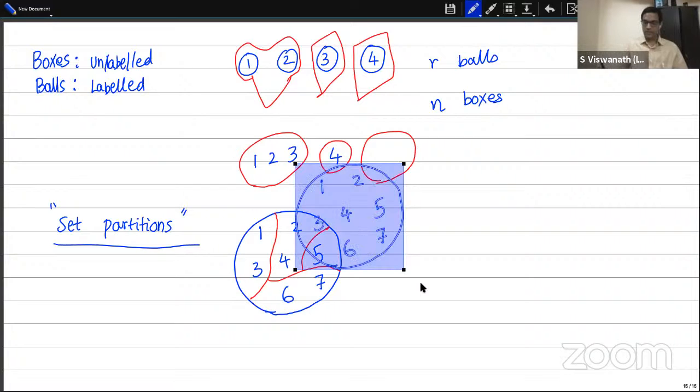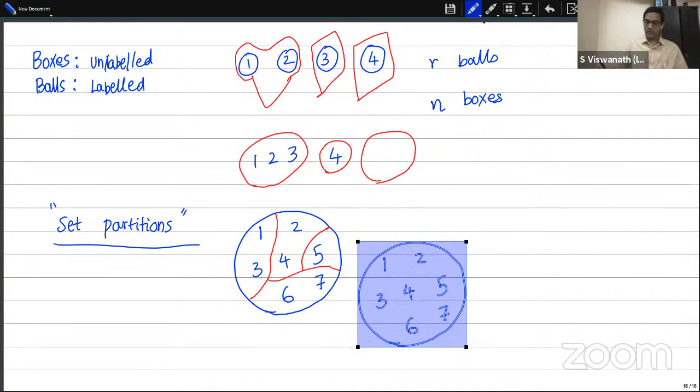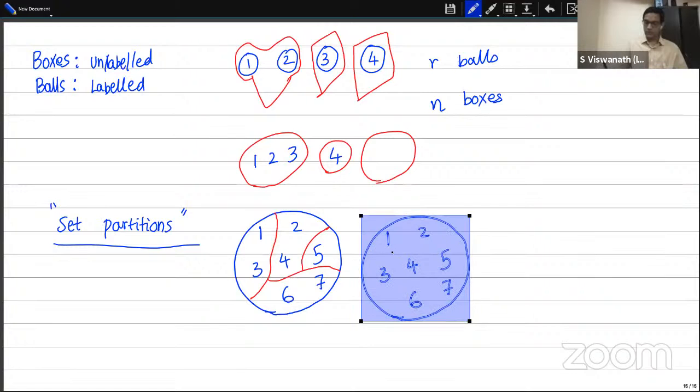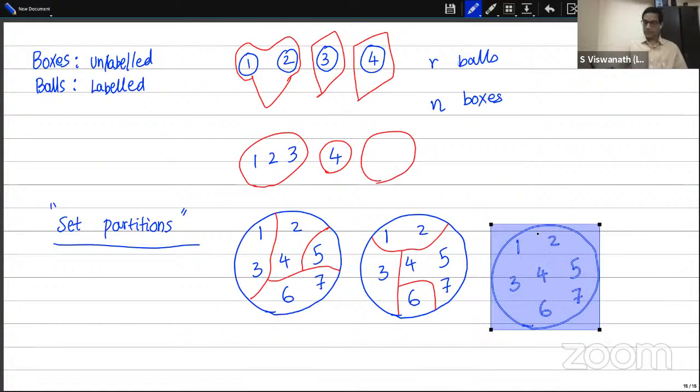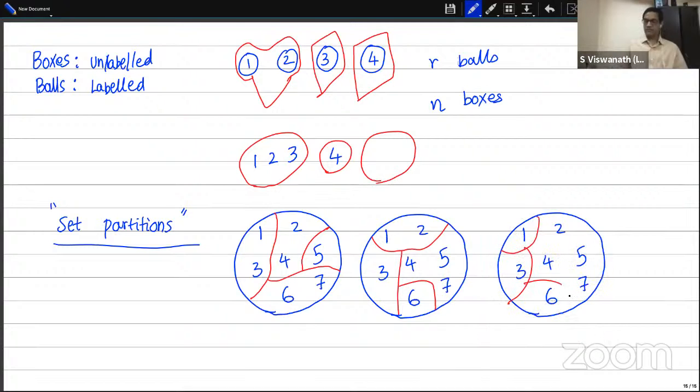For example, let's take this again, and let's partition it as 1, 2 together, 4, 5, 6, 7 together. Maybe I'll keep 4 boxes. So here is another set partition. And so on. 1 by itself, 4 by itself, 6 by itself, and the remaining ones. There are lots of such things that you can draw. So this is the problem of set partitions.